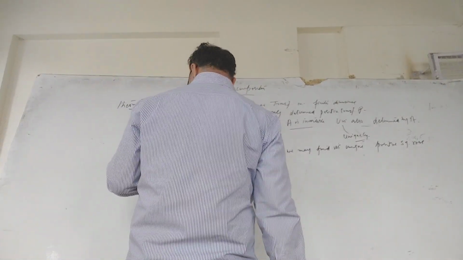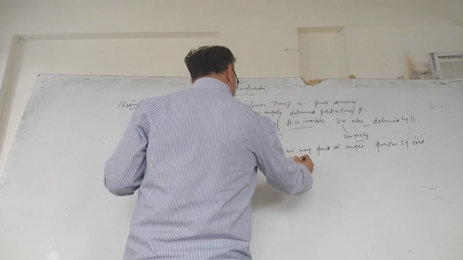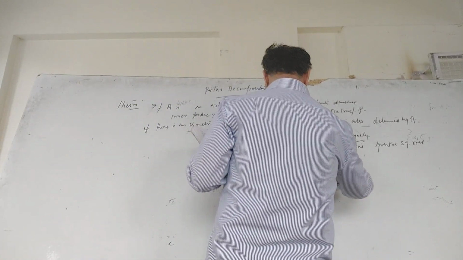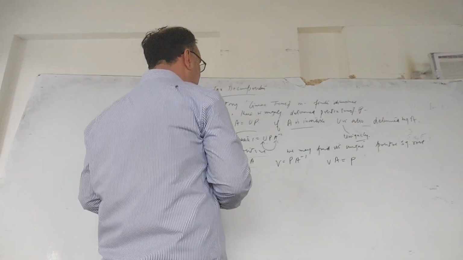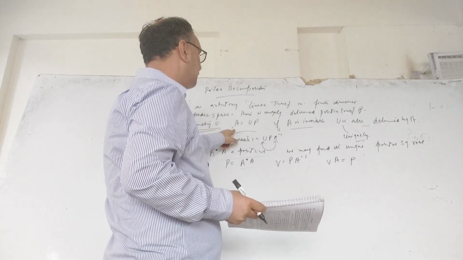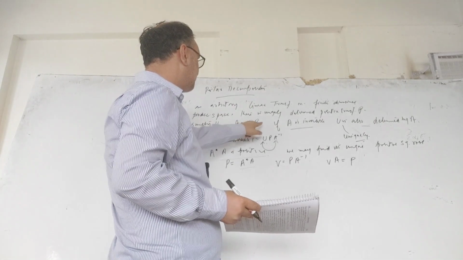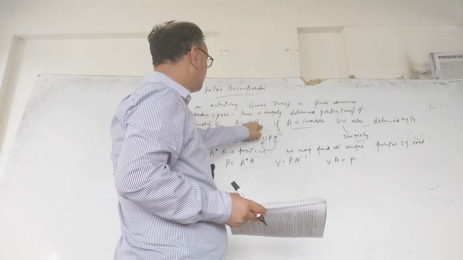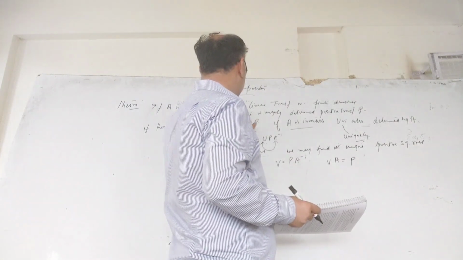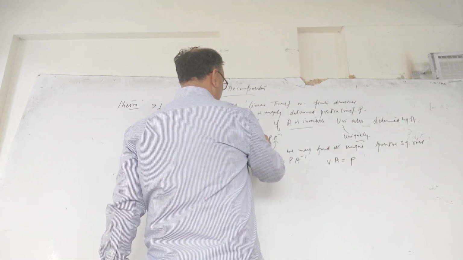If A star A is positive, then there is a unique positive square root P, and we define V as P A inverse, so that VA is equal to P. Sorry, it will be A inverse here.